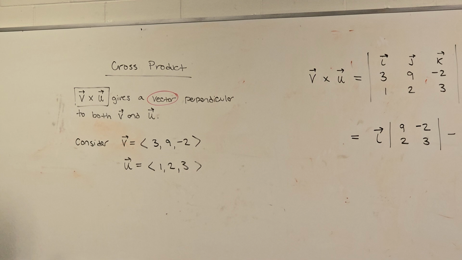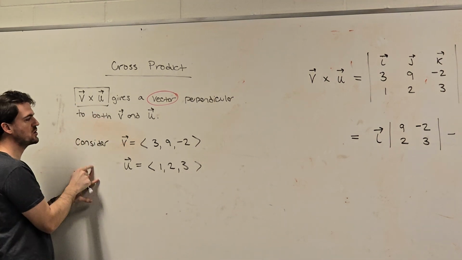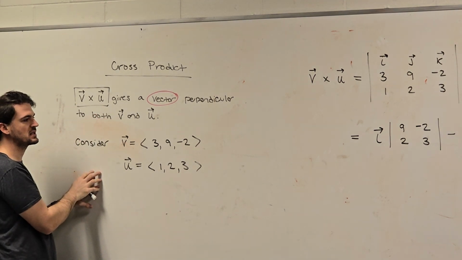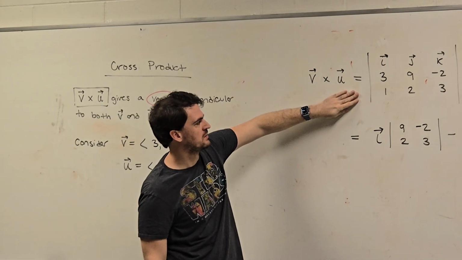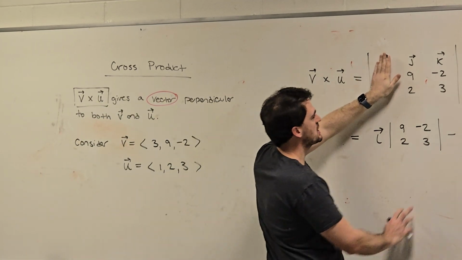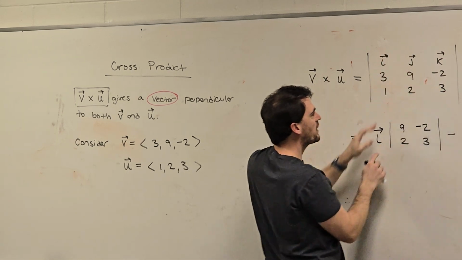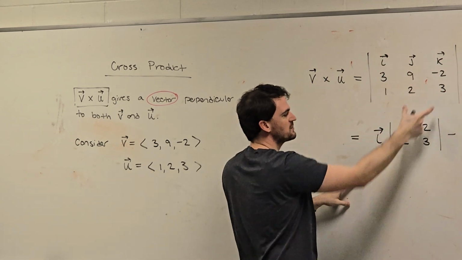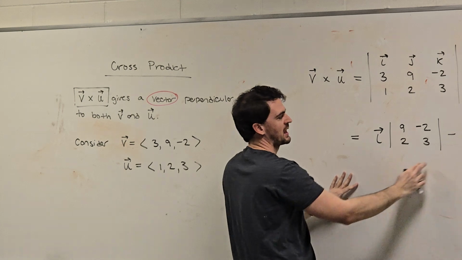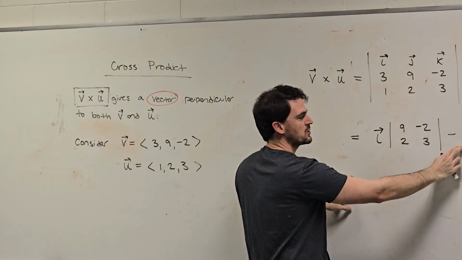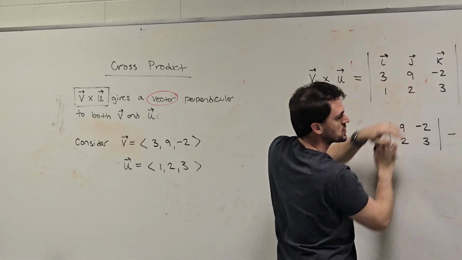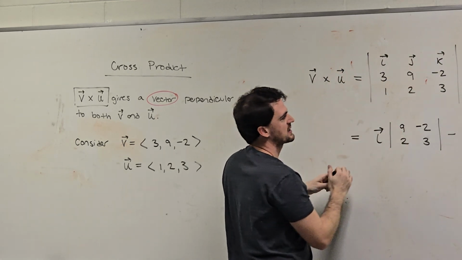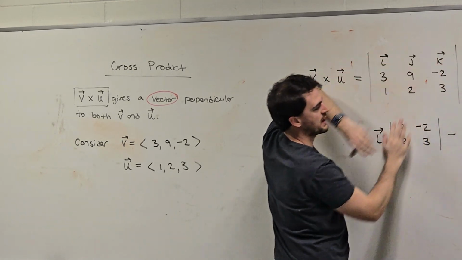Alright, taking a big step back. I want V cross U. All that means is you're finding the determinant of this matrix. You cover it up, grab a 2 by 2, so I've got i hat times the determinant of this matrix, minus, it's always minus for the middle one, j hat times the determinant of that matrix, plus k hat times the determinant of that matrix.